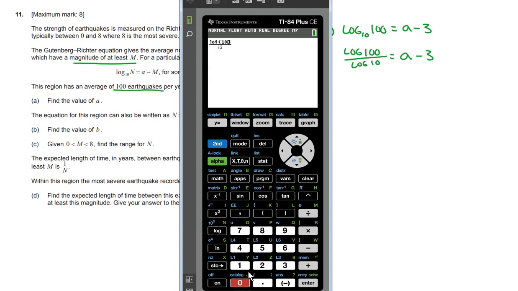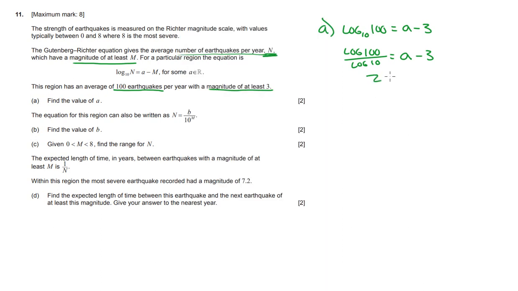Log 100, and then on the bottom, we're going to do log 10. And we're going to push enter, and we're going to get 2. Because what this means is 10 to what power will give us 100, and that's 10 squared. So this over here simply is 2 equals A minus 3, so we add 3 to both sides. So that means our A has to equal 5.